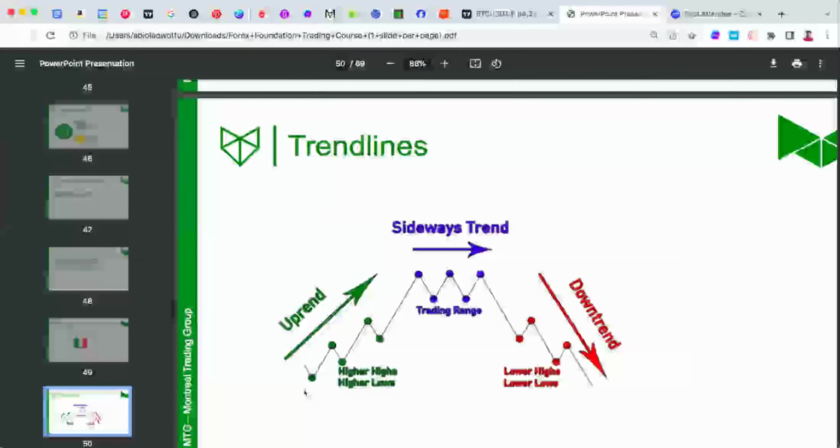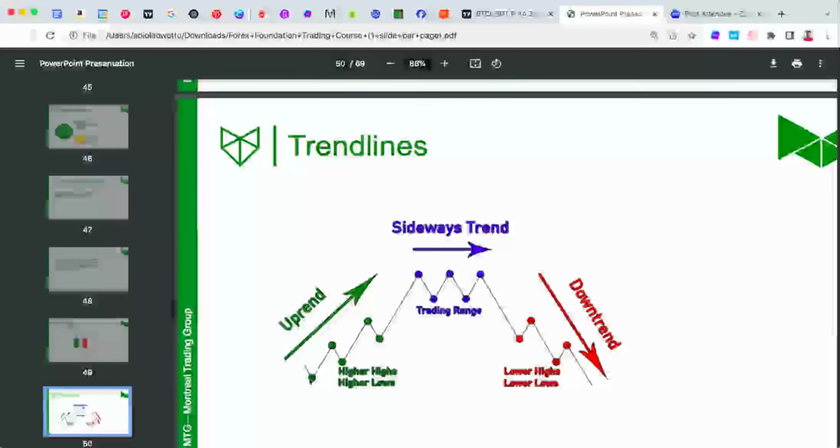When we talk about an uptrend, it is when the market is moving in an upward direction, creating higher highs and higher lows. I will demonstrate later on the chart. Here we can see that the market is moving in an upward direction.